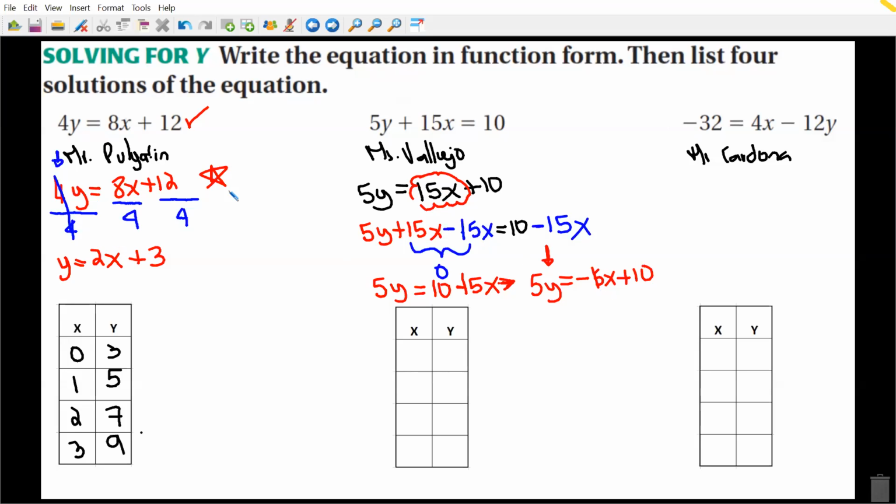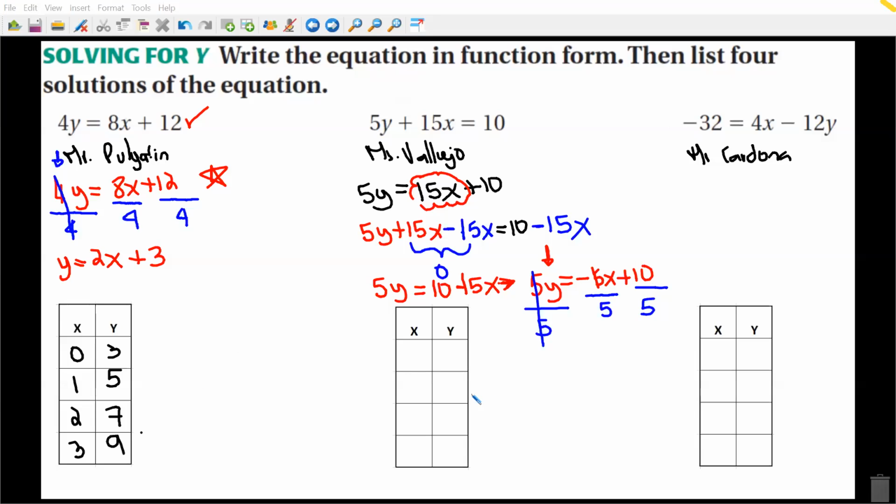What would you do if you want to cancel that 5? Divide. Divide by? 5. Excellent. So 5 times y divided by 5, they cancel. But what you do on one side, you have to do on the other side, right?